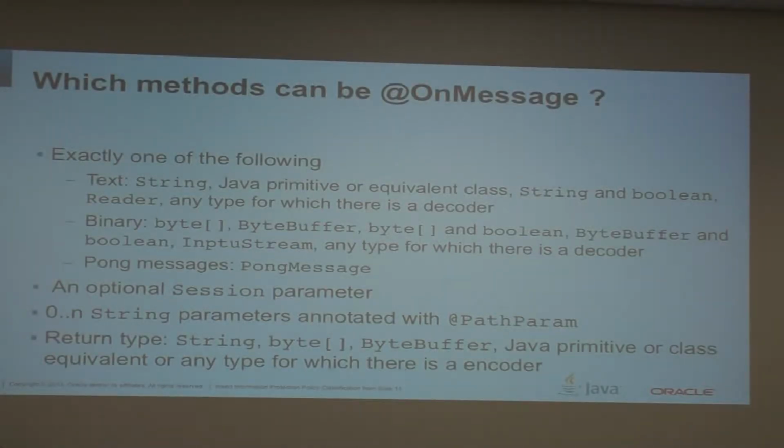Strings, Boolean, bytes and byte buffers. If you want to, you can get the input stream for that connection, use an input stream and read and write whatever you want, right? And then you can pass all kinds of data types back and forth.